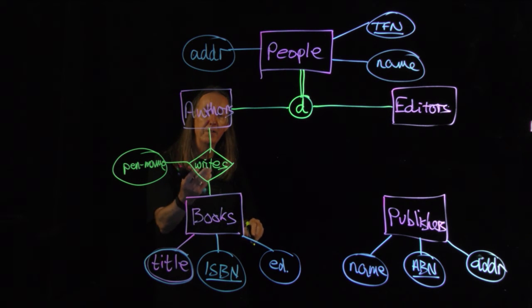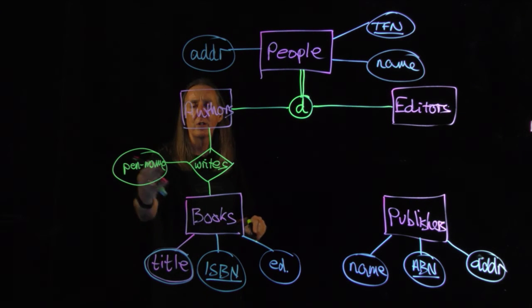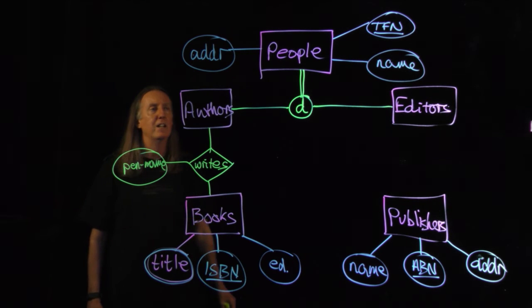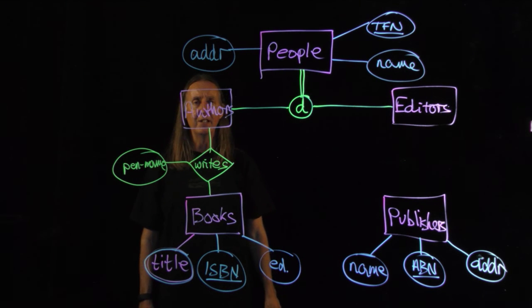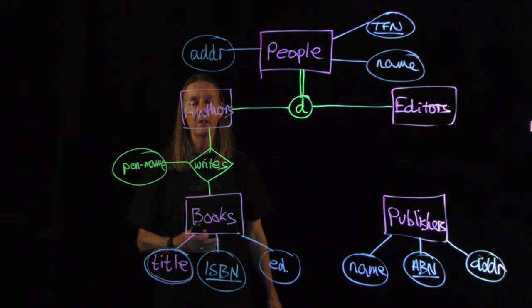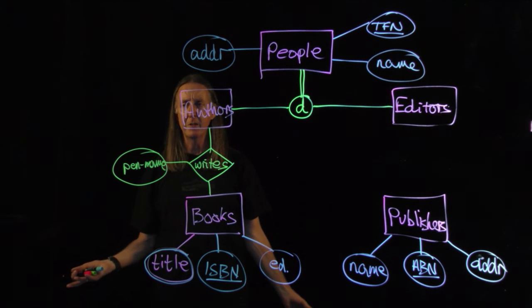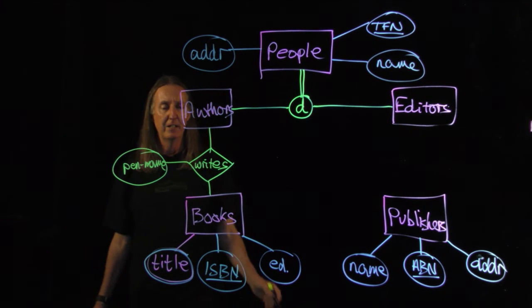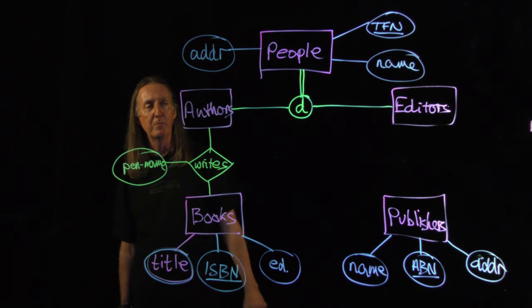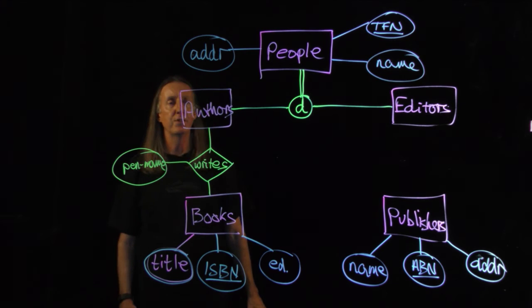So when this author wrote this book, they used this particular pen name. As far as authorship goes, in the initial requirements, it said that a book may have 0 authors. It may be published anonymously. So a book won't necessarily have a relationship to any authors.